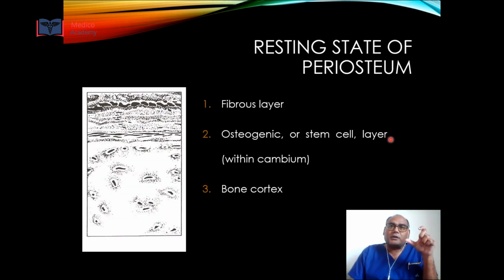Before we go on to describe the various steps of fracture healing, we should focus on two main aspects of the bone, which I have taken from the anatomy of the bone, and they are very pertinent before we understand the process of fracture healing. First of them is the periosteum. In the resting state, we all know it has a fibrous layer.